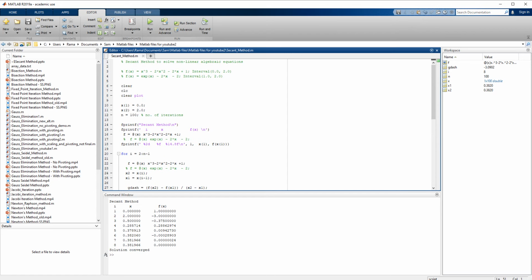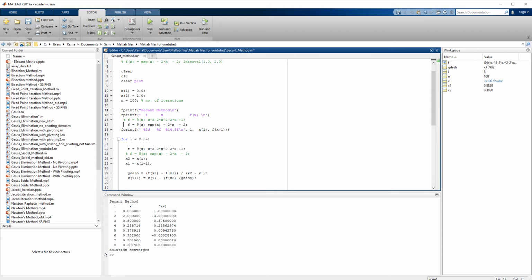Now we try to solve the second equation, the nonlinear transcendental equation.